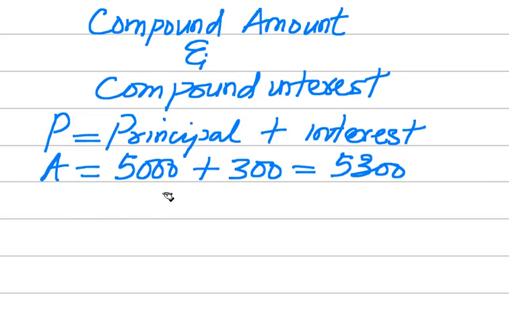So when the principal grows and generates interest, you combine the two, and it is called compound amount. And compound interest itself is compound amount minus principal. When you remove the principal from the amount, it gives you the interest accumulated.